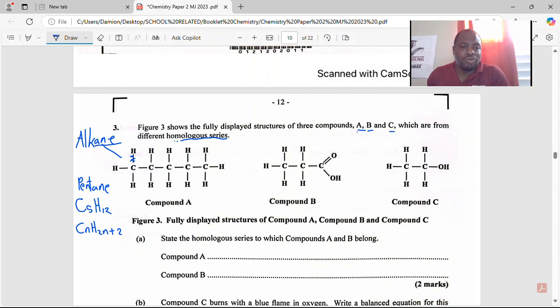So if I want to know the number of hydrogens, it is 2 times 5 plus 2, which is 12. So just a little information about this. You see, there is only hydrogen and carbon. So we refer to this as a hydrocarbon, because there are only hydrogen and carbon atoms present.